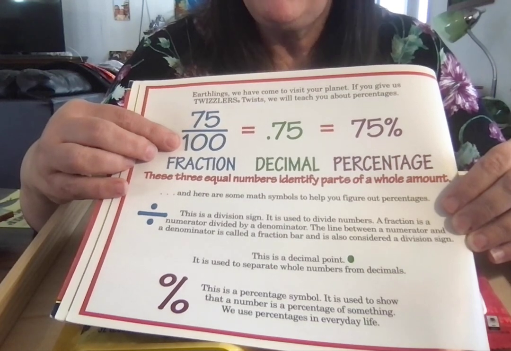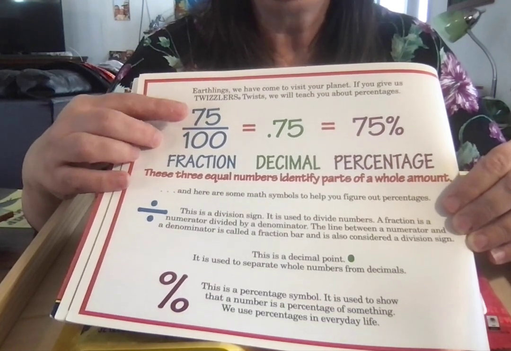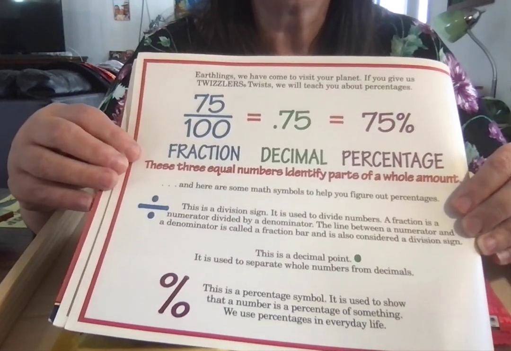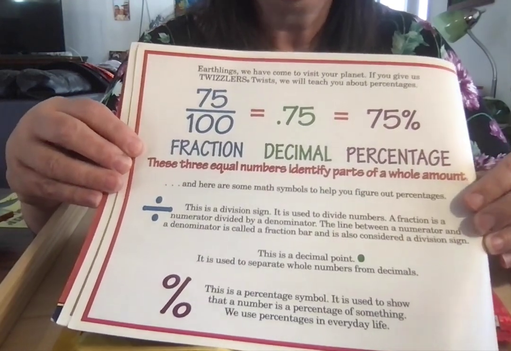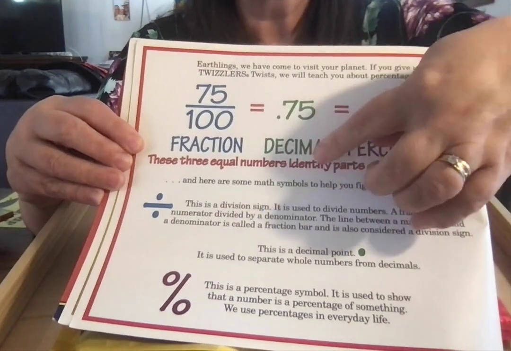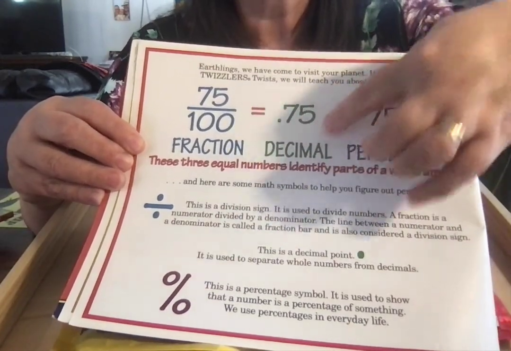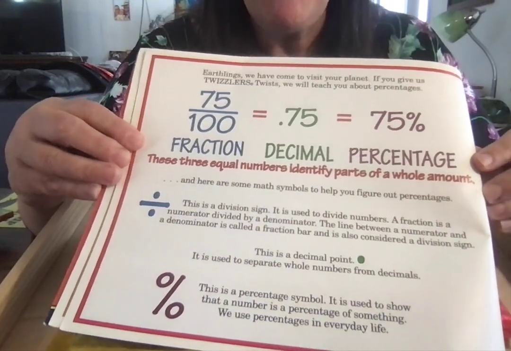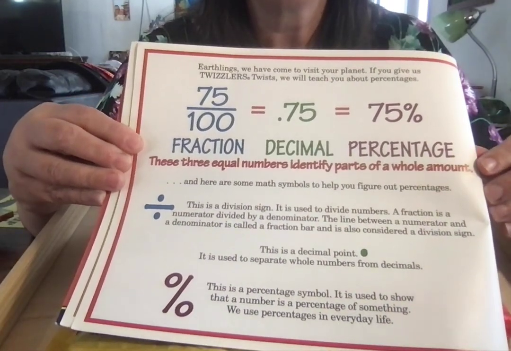If we say I have 100 of something, but now I only have 75, that's a fraction, 75 100ths. I can also write it as a decimal, 0.75. Means it's not the whole number, it's smaller than one whole.